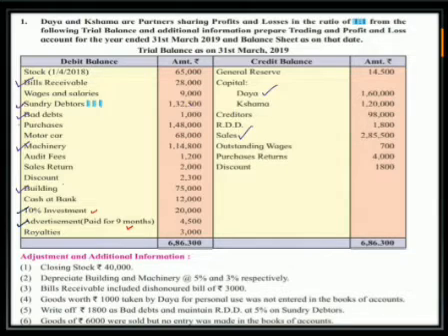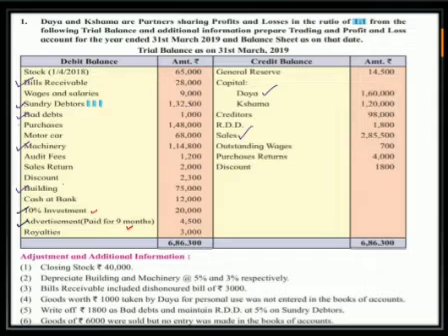Now, after reading adjustments and tick marking the trial balance, you have to be very careful about the hidden adjustments. Just now I explained in the previous slide that the 10% investment I have tick marked with red pen, as well as the advertisement also. These two are the hidden adjustments. Means what we have to do, on 20,000 we have to calculate the 10%.